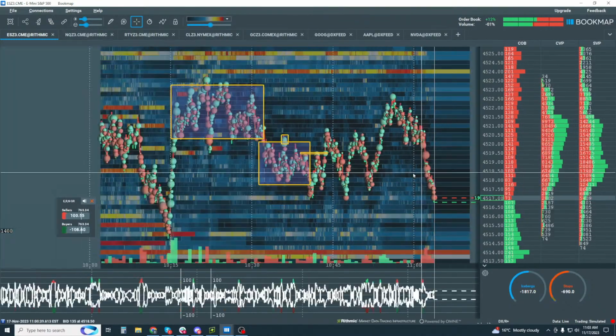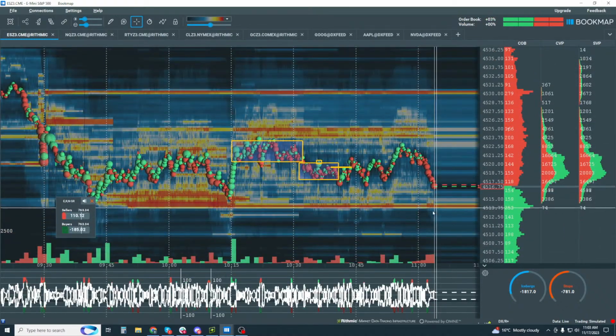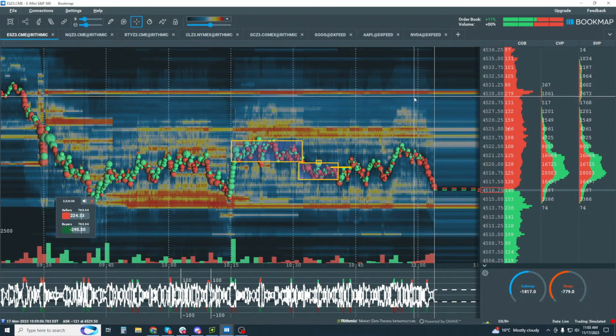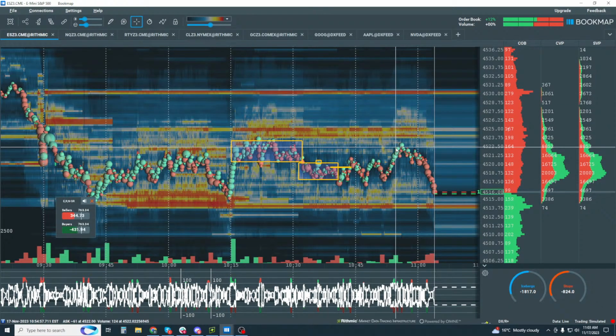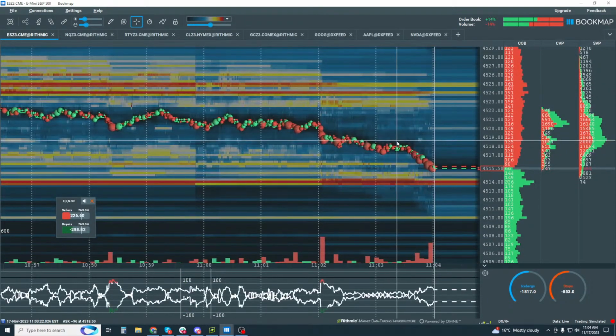All right, well, this is an interesting one. So maybe we're going to get our bigger move here to the downside into our 14 level, finally, that we were looking for over here. That's a lot of selling.